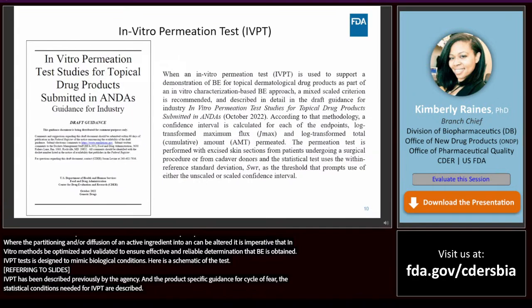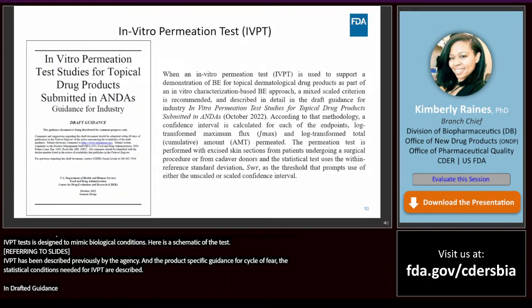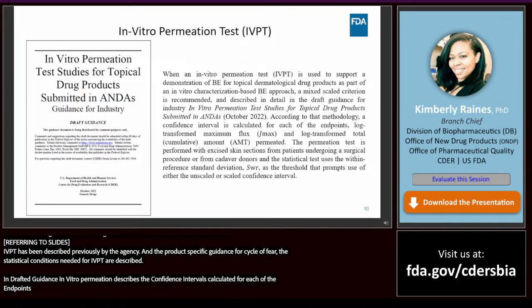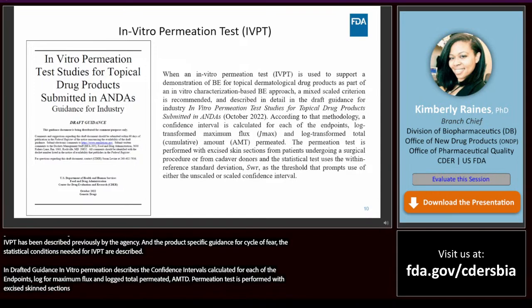In the recently published draft guidance, In Vitro Permeation Test Studies for Topical Drug Products Submitted in ANDAs, it describes that the confidence interval is calculated for each of the endpoints, log transform maximum flux and log transform total amount permeated. The permeation test is performed with excised skin sections from patients undergoing a surgical procedure or from cadaver donors, and the statistical test uses within-reference deviation as a threshold that prompts use of either an unscaled or scaled confidence interval.